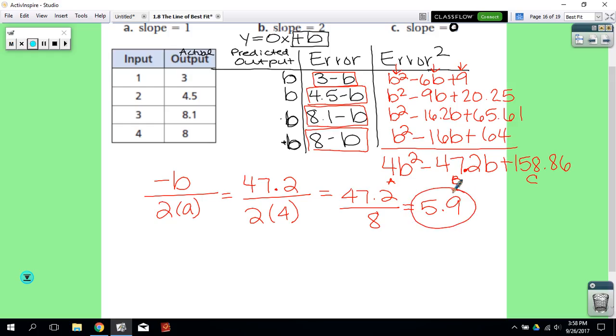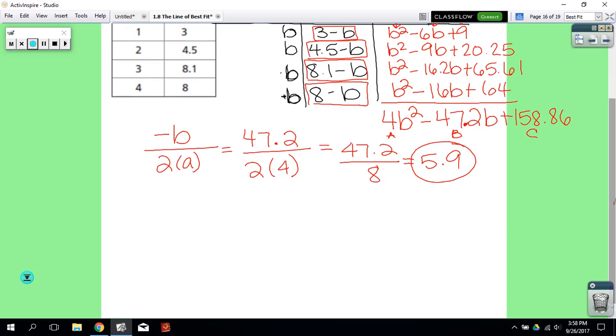This is our y-intercept. This is what goes into this position here. So we would have y equals 0x plus 5.9, or we could just write it as y equals 5.9.